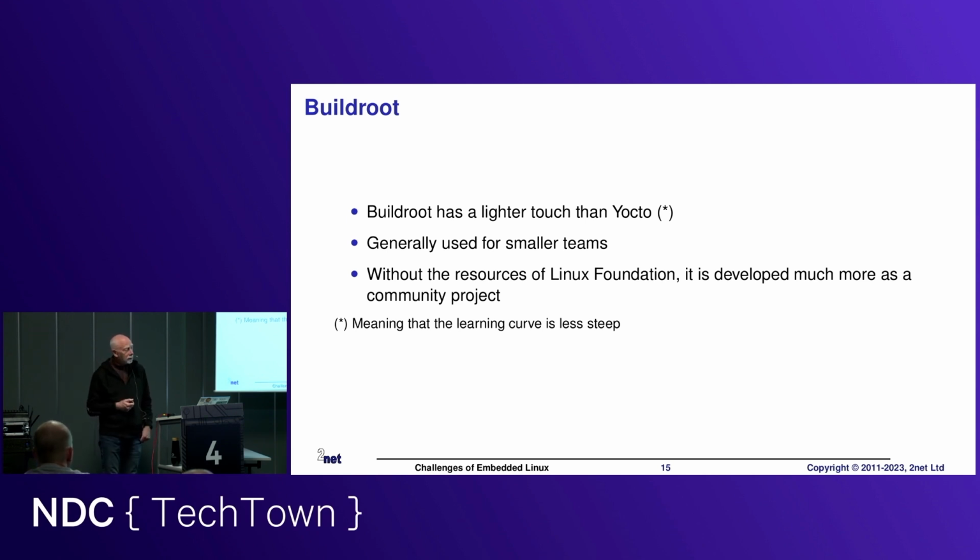Also, without the support of the Linux Foundation, it is not so well supported. And so, yeah, it doesn't have quite the same traction as Yocto does. Nevertheless, Buildroot is used on a fair number of embedded processors that you will be using from time to time.